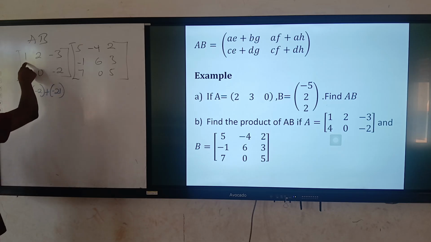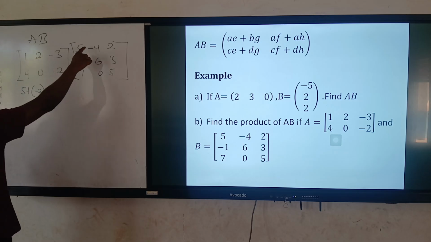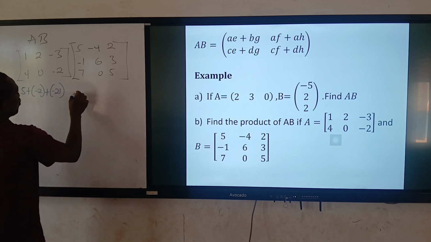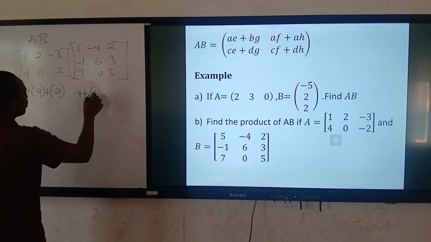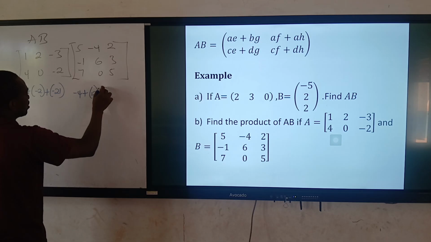Then the same row multiplied by the next column: 1 times negative 4 gives negative 4, plus 2 times 6 gives 12, then 3 times 0 gives plus 0.